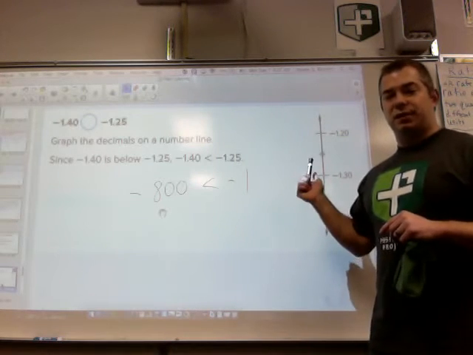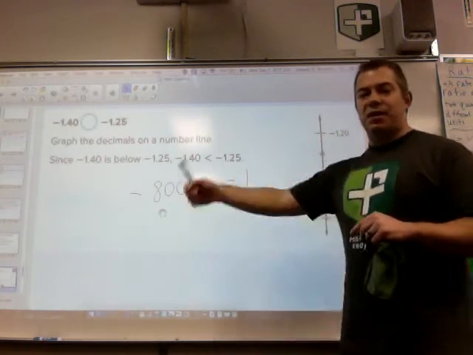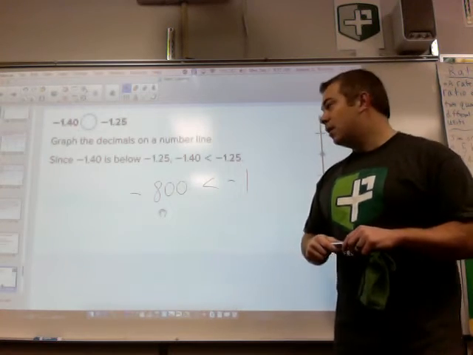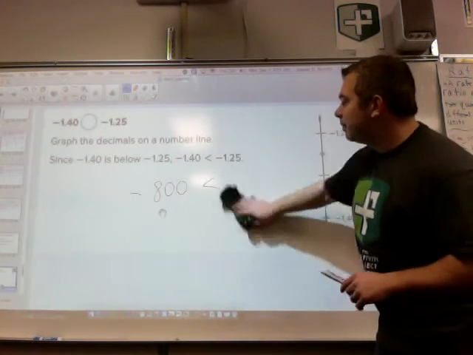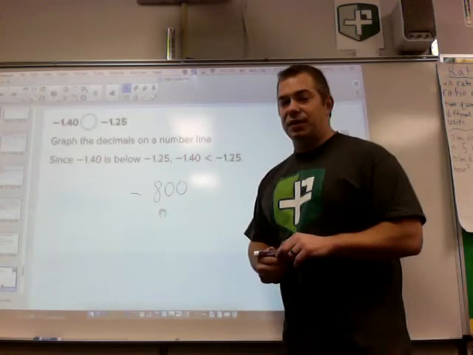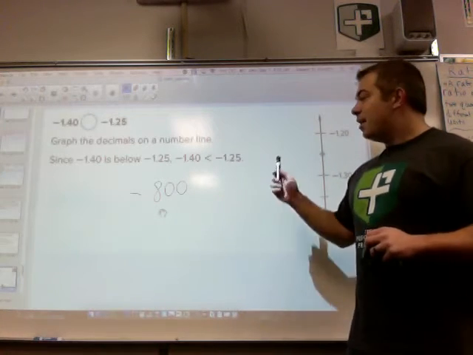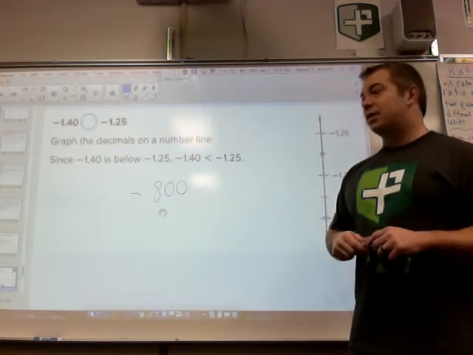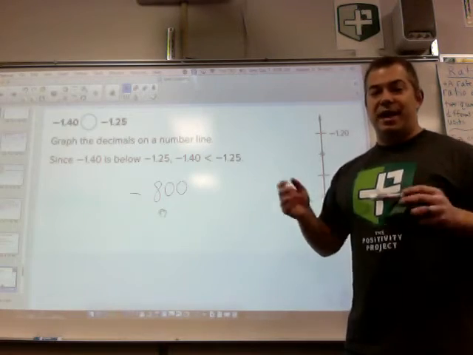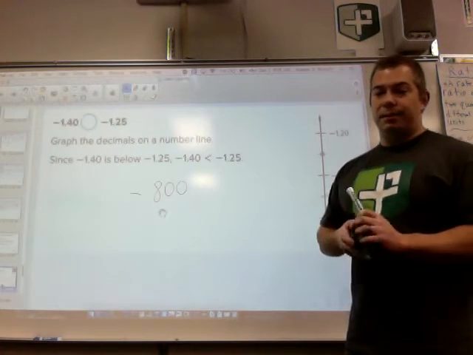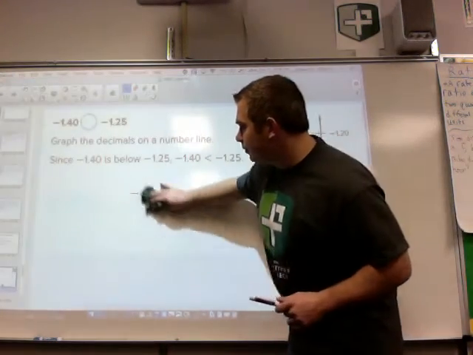It's closer to 0. Negative 800 is so far to the left of 0. All right, so you just got to keep those things in your mind there. Just because there's a lot of digits doesn't mean it's greater. If it's negative, the more digits and the higher the number is negatively, it's going to be lower. Sounds kind of weird, but it's true.